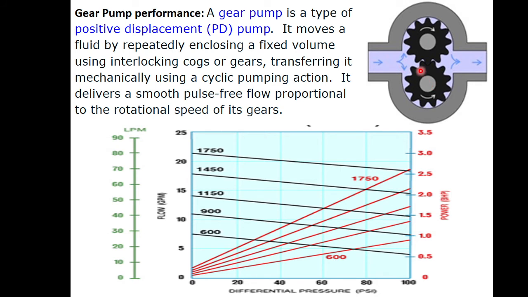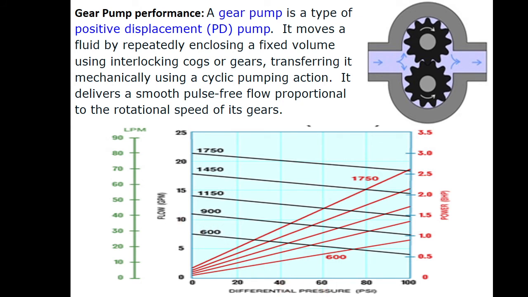This is also a positive displacement pump, and the positive displacement pump has a performance curve like this. The performance curve of a pump means its pressure versus volume relationship, as well as the power, from the flow rate versus pressure relationship.